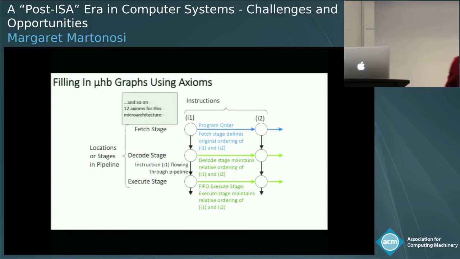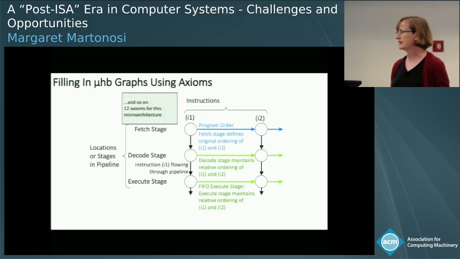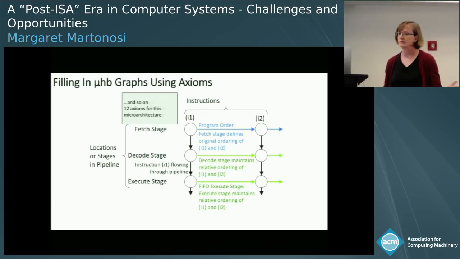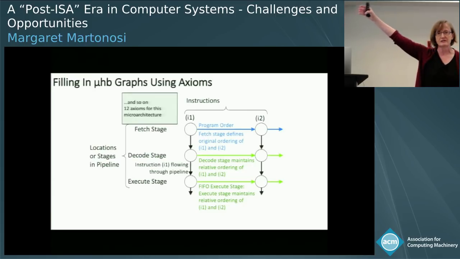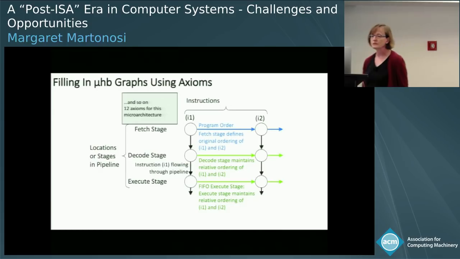We have built up much larger axiom databases that cover, for example, Intel's Sandy Bridge processor and the relevant parts of the Linux virtual memory system so that we can compose together aspects of operating system behavior with hardware behavior as well. So you can do this at scale.